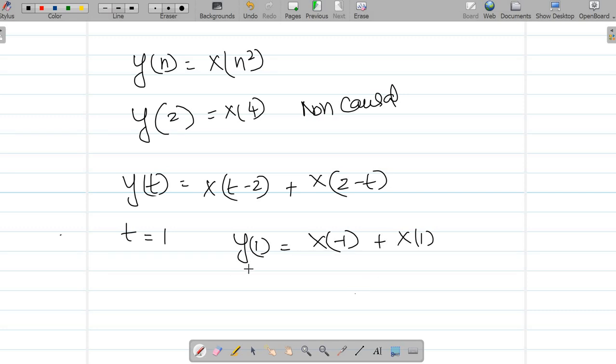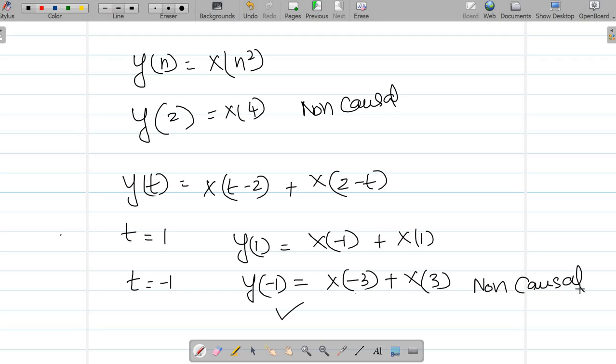Here it appears as if the output is dependent only on the present value of the input and the past value. Suppose if we were to substitute minus 1, y of minus 1 is equal to x of minus 3 plus x of 3. Now the present value is negative 1. The output at negative 1 is dependent on the input at t is equal to 3, which is clearly depending on the future value of the input. So this system is essentially non-causal in nature.